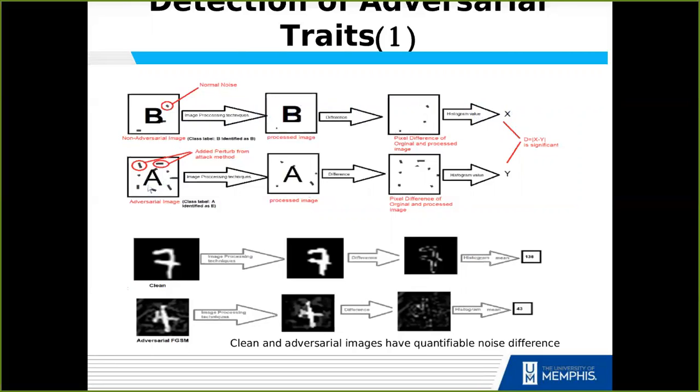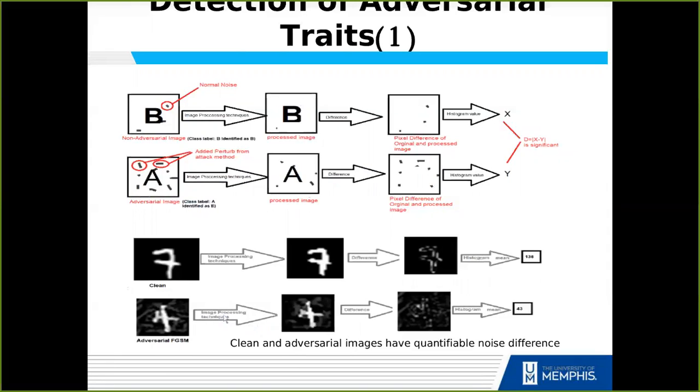But we have another image A, where this one is attacked by the adversarial attacks discussed before, and this goes through the same techniques, and you can see the pixel difference is much higher compared to the cleaner image B. And this will be misclassified. For example, this A will be classified as E or some other alphabet. So this is confusing the model.